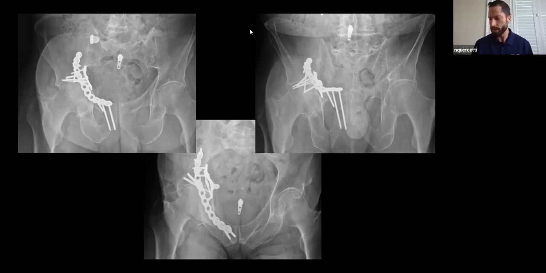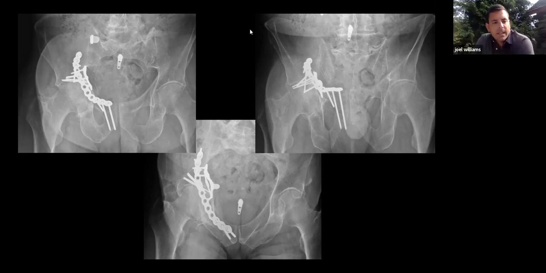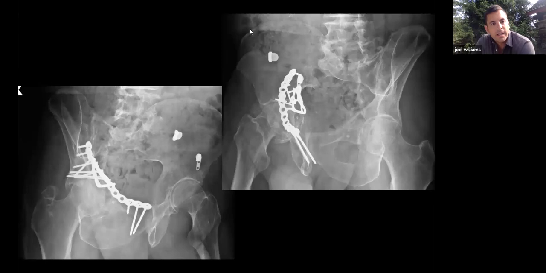Joel, what are your thoughts on this? Yeah, I think for this guy and his activity level, just based on the central impaction or the dome impaction, acute total hip. And if I'm doing that, I would fix it as you did and buttress it with a suprapectineal and likely quadrilateral surface adjunct like you did, depending on the fracture pattern, and then also total hip from the front.